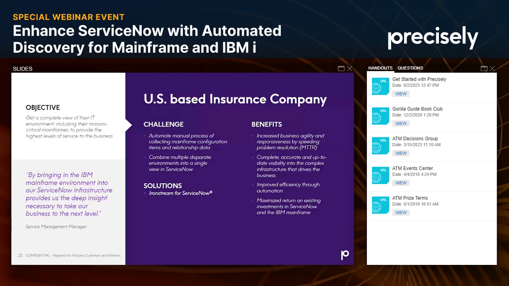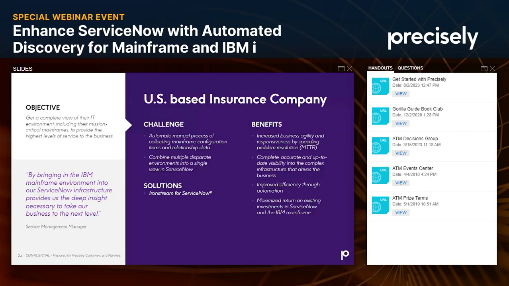Now, this has had a huge impact for them. The team has increased their agility and their responsiveness by speeding up their problem resolution and actually lowering their MTTR, their mean time to resolution or repair metric. And they now have, as Bill's mentioned before, the 360-degree view of their enterprise, including the complex IBM systems that they literally rely on to run their business.